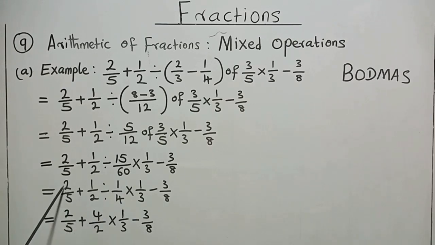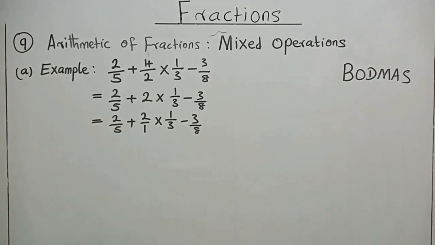So this 2 over 5 is still where it is, but these two now have become 4 over 2. Next, 1 over 3 is still where it is. 3 over 8 is still where it is. At this point, 4 over 2 has to become something simpler. Let us keep carrying out number operations until all these fractions condense to one fraction. Please, let's continue.